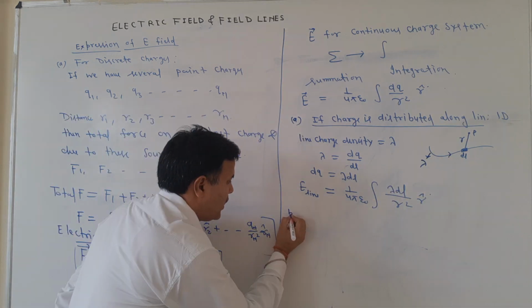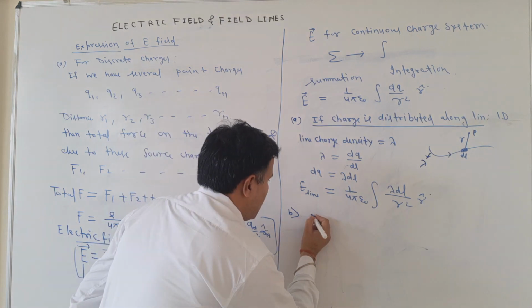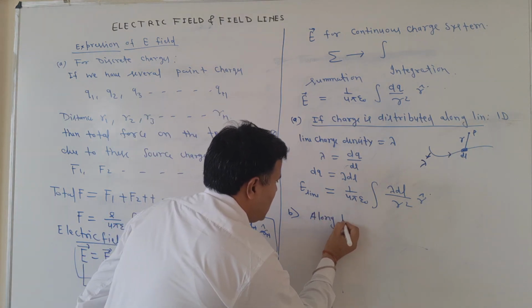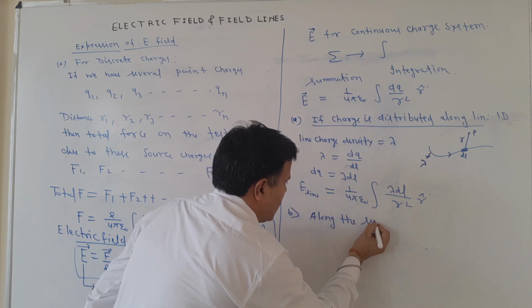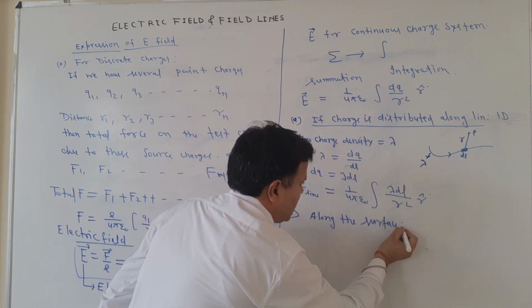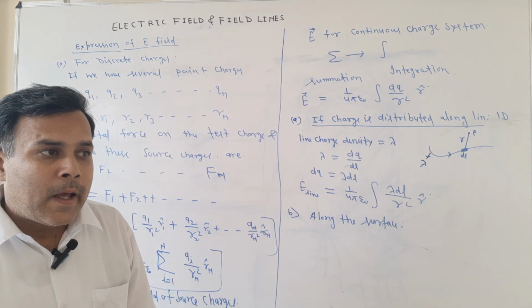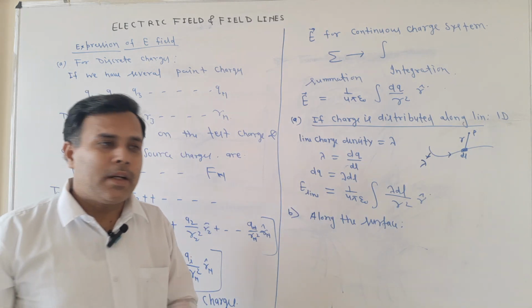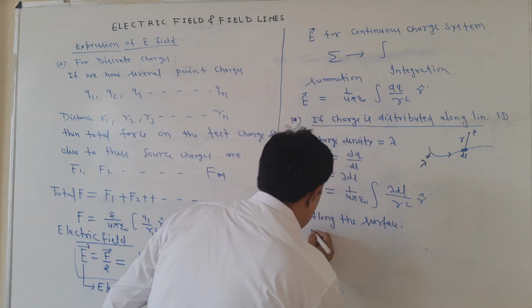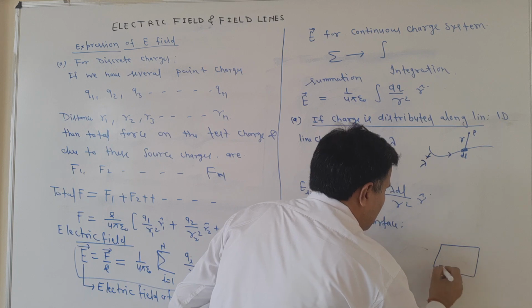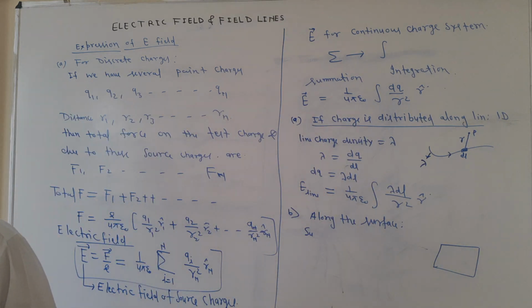Now case B: if charge is distributed along a surface, it means the charge distribution is 2D, and we have a concept of surface charge density, which is sigma, charge per unit area.